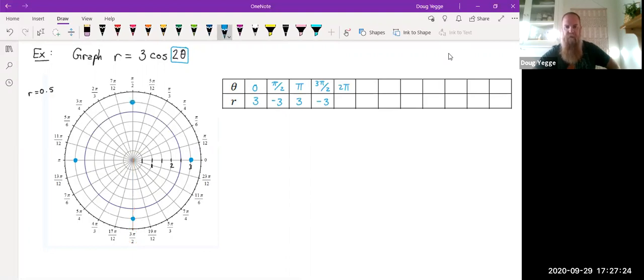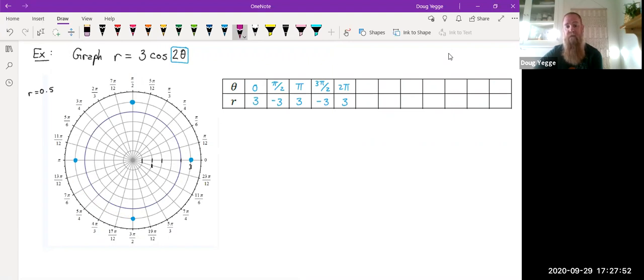And by the time I move around to 2 pi again, I'm at a radius of 3, which means that from 0 to pi over 2, I'm actually getting that point next, then that point, then that point, then that point to get me back to the beginning. Now, I don't know what else it's going to look like, but that's why I should pick a few new points.